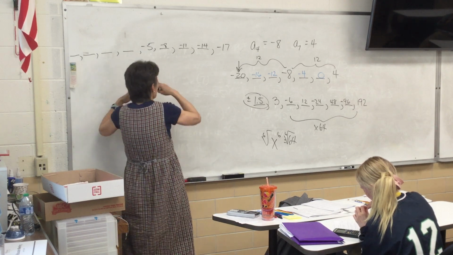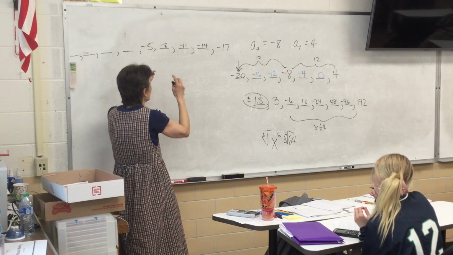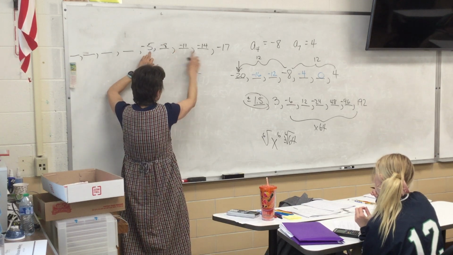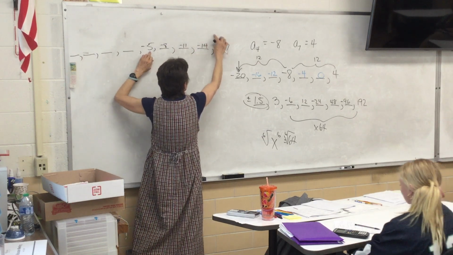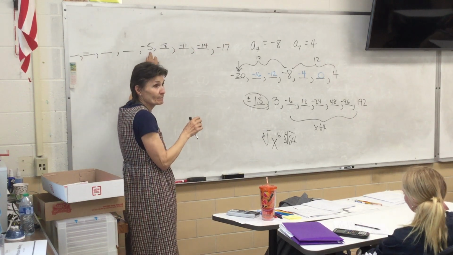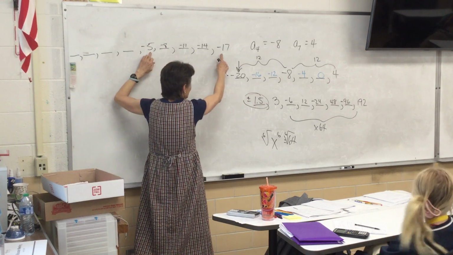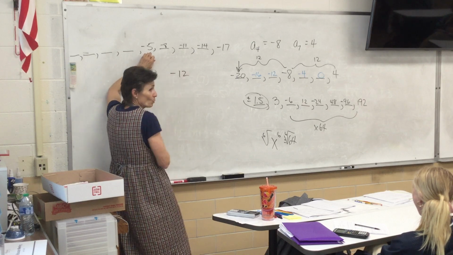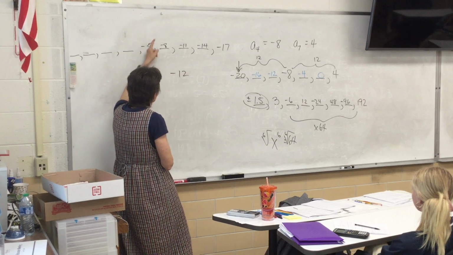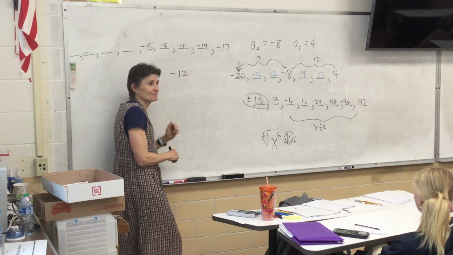Myself, as I'm writing out the problem, I'm thinking, okay, they told me it's arithmetic. So I have to add something 1, 2, 3, 4 times. Would you agree? So to get from -5 to -17, which is a distance of -12, I have to add the same number 4 times.